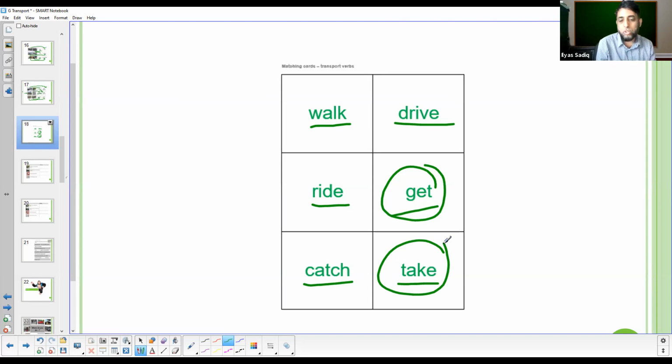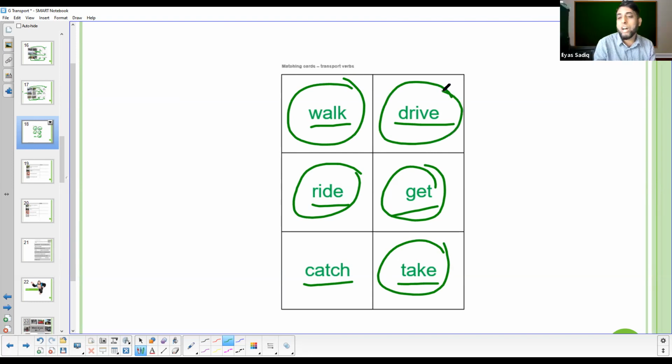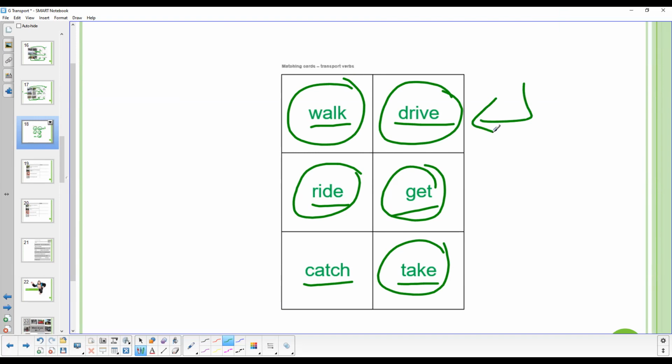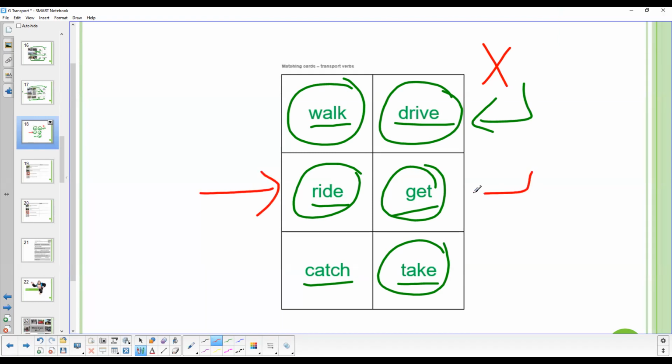Yeah, so we ride a bike. We can't say we ride the bus. This would be wrong. We ride a bike, and we walk on foot. Do we ride a taxi? No. We drive a car. Well done. We don't drive a taxi. We drive a car. We ride a bike, and we get a taxi. Motorbike, yeah, exactly.